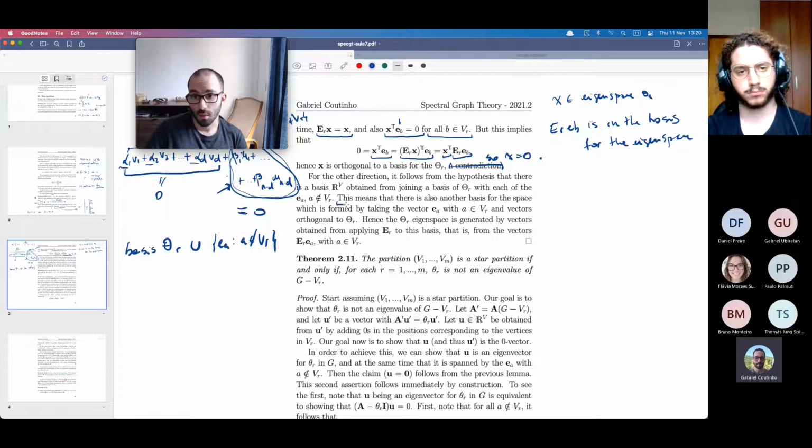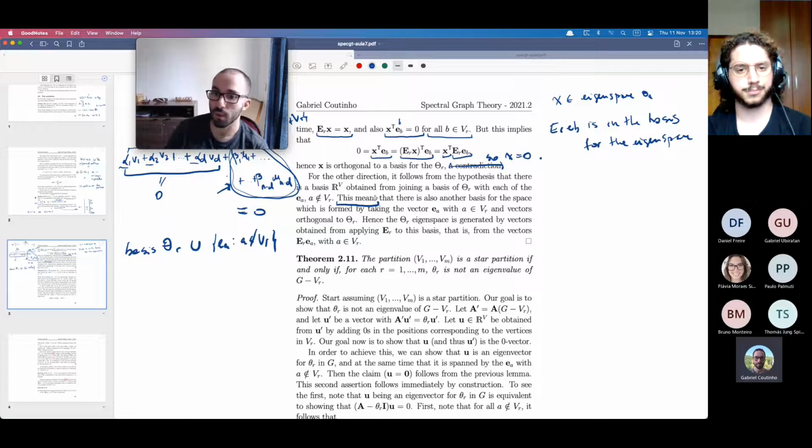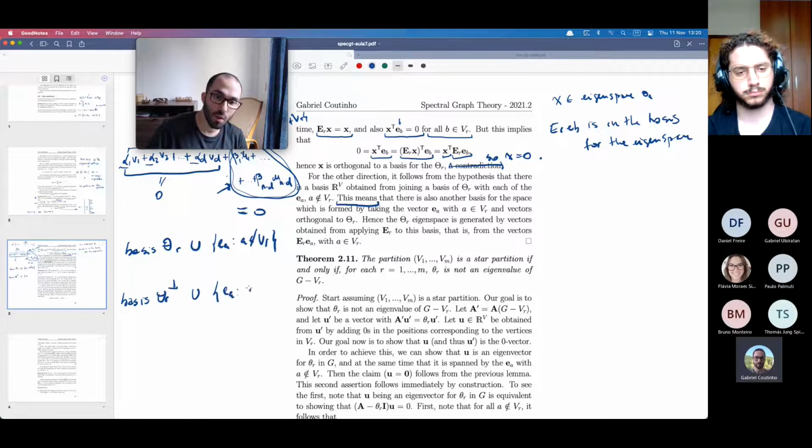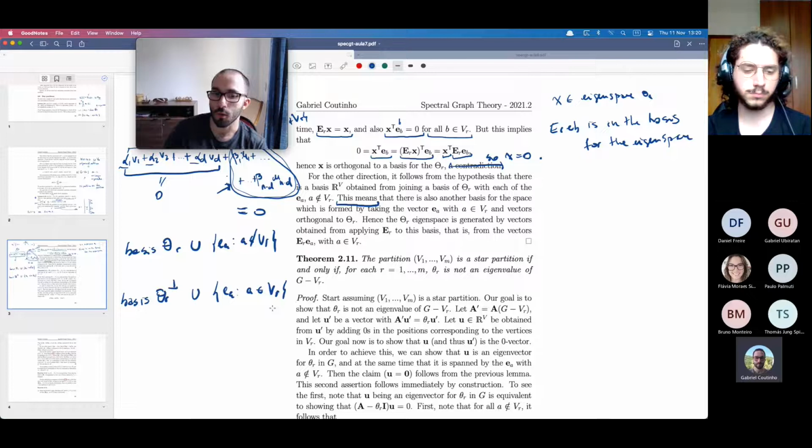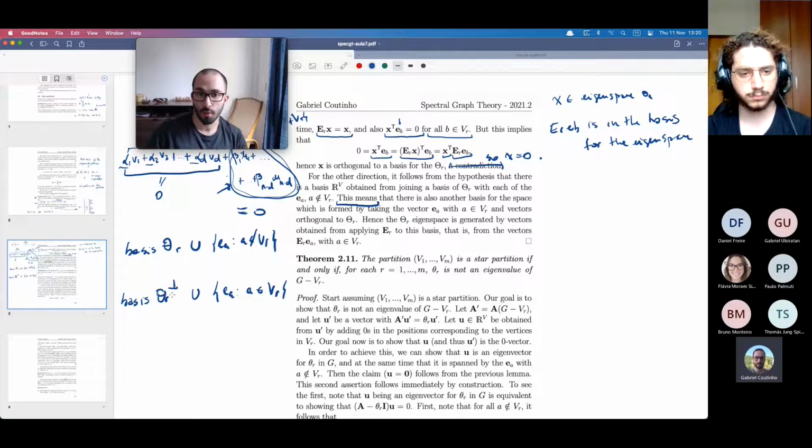Now this means that there is also another basis for the space, which is formed by taking the orthogonal things of these. So now I pick a basis for the orthogonal complement of the theta r eigenspace, and I get E sub A now with A belonging to VR. Now, it's clear that I have the right number. Why are these things also linearly independent?